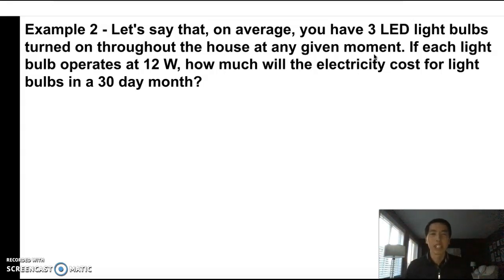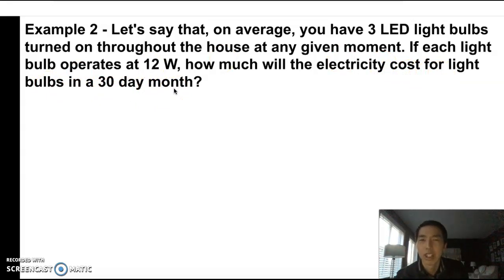So really, it's not like I'm using 10 light bulbs at a time. So I just made an estimate. On average, I'm using 3 light bulbs at any given moment. If each light bulb operates at 12 watts, how much will the electricity cost for light bulbs in a 30-day month? April right now is 30 days.